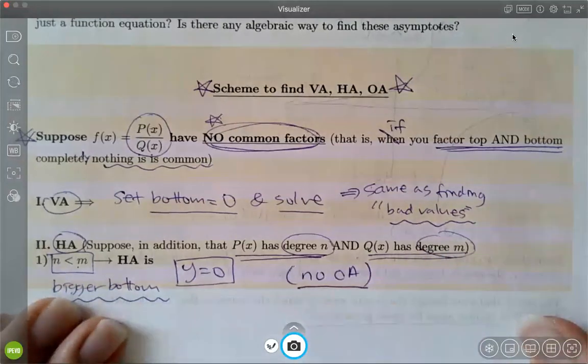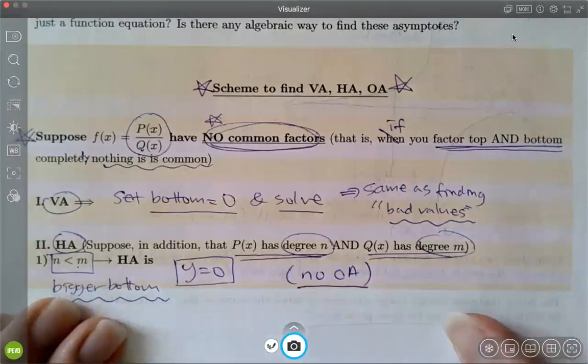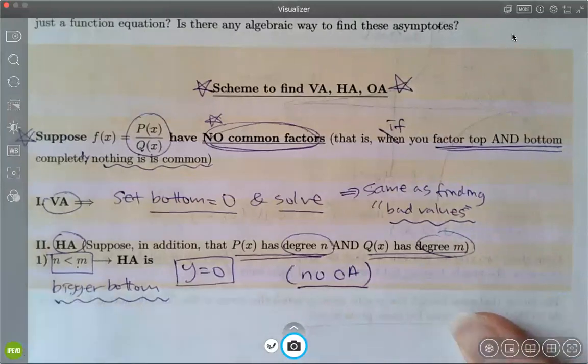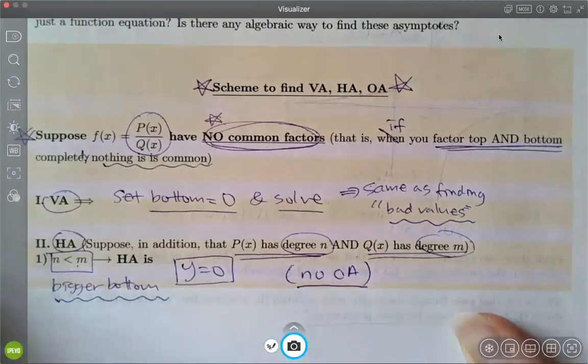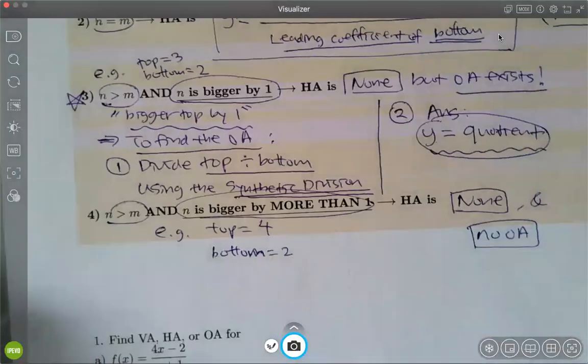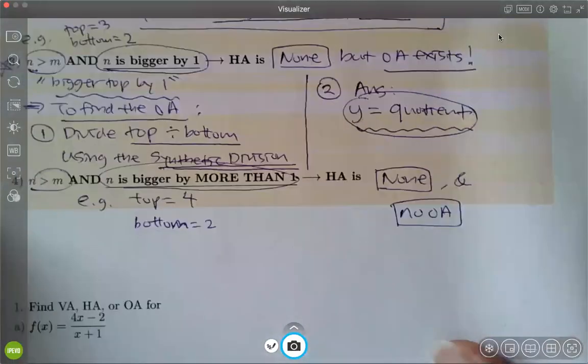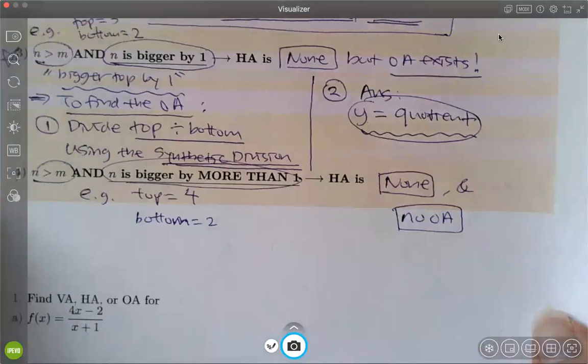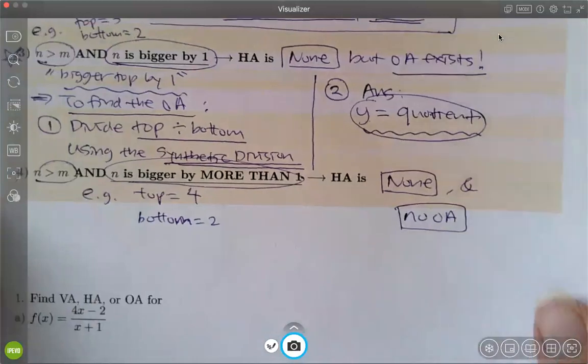Basically, horizontal asymptote and oblique asymptote are kind of related in the sense that you can get the oblique asymptote given the conditions satisfied for the horizontal asymptote. Remember, the oblique asymptote only exists when the top degree is bigger by 1. For every other case, there is no slanted asymptote.